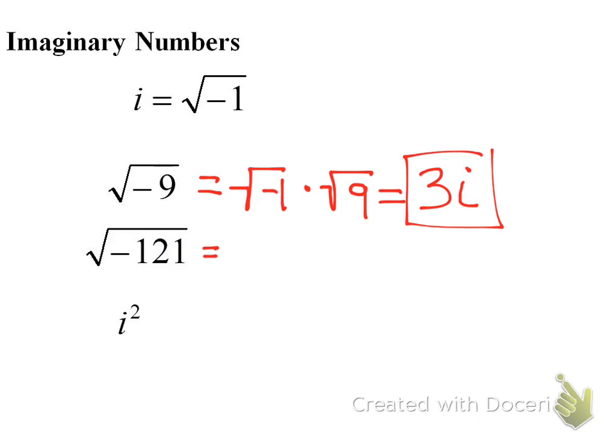Any questions on that idea? All right, another way to think of the square root of -121 is the square root of -1 times the square root of 121. Everyone agree with that step? What is the square root of 121? 11. What's the square root of -1? i. So this is 11i.